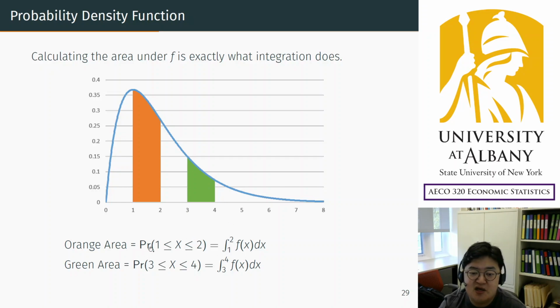So probability between 1 and 2 can be represented as integration from 1 to 2 of the function f(x) dx. And this is another integration, right? So the probability density function is used to obtain probability, and obtaining probability is like taking the integration of the PDF, right?